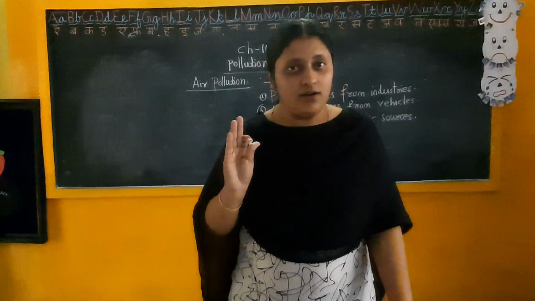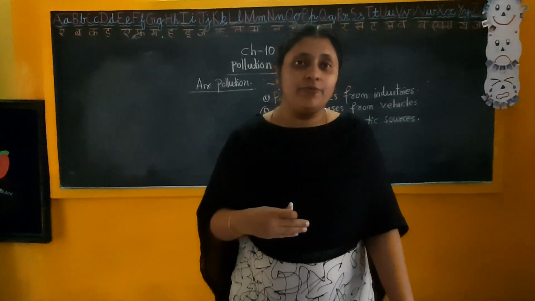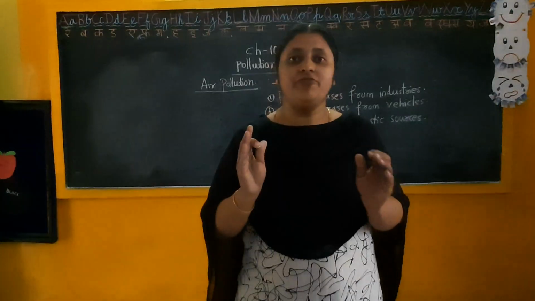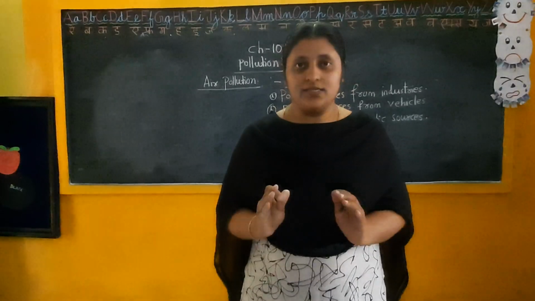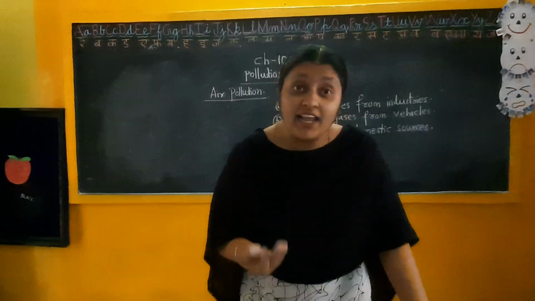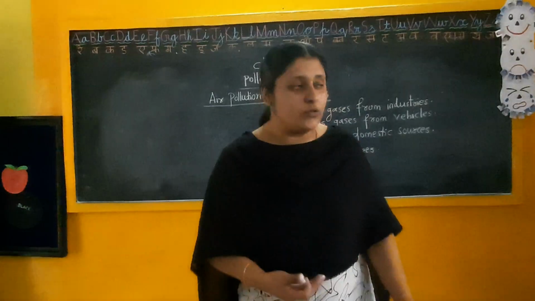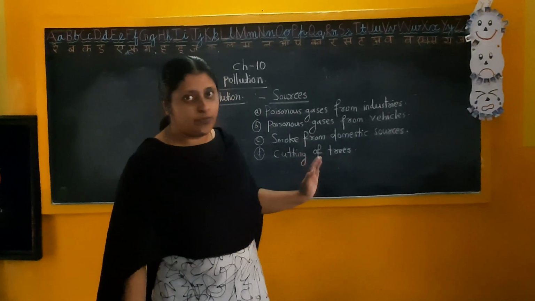Is it possible? Yes. So that is the fourth source of air pollution, cutting of trees. Cutting of trees must be banned, so that the quality of life on earth will increase, isn't it? So these are the four important sources of air pollution.